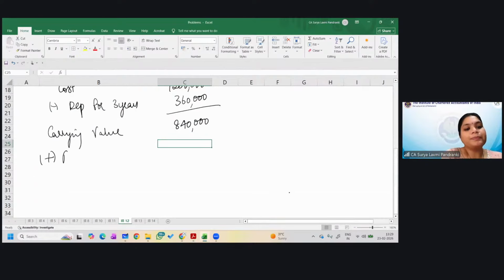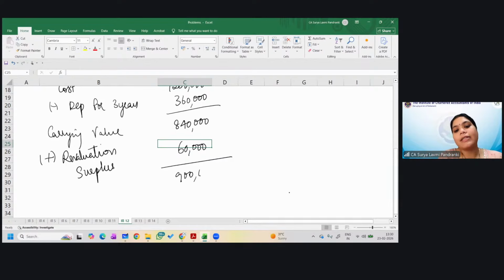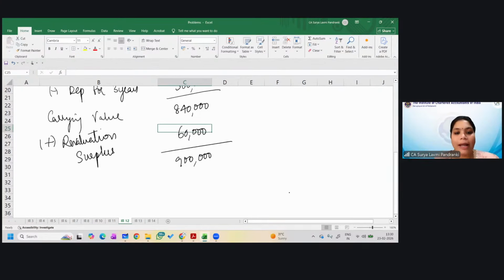So you have a revaluation surplus here, because the value has increased by 60,000. You will add that value to the carrying value of the asset. So total value of the asset will become how much now? 9 lakhs. How did we get 9 lakhs? We already had a carrying value of 8 lakh 40 and there was an increase of 60,000, so total value will come to 9 lakhs.